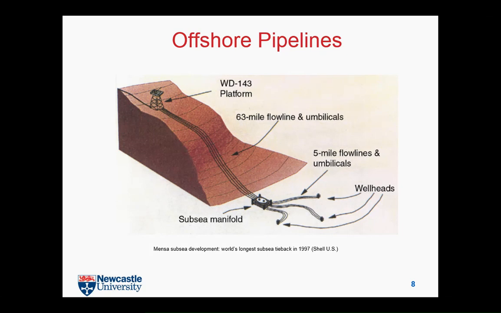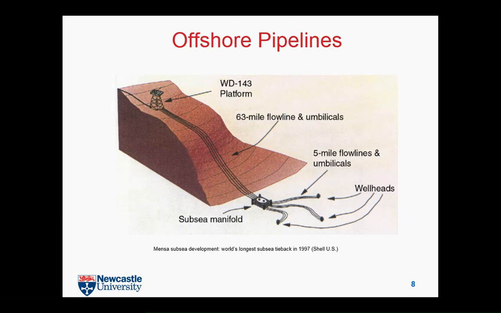In some old projects, they use a very big separator on the structure platform. After they have the 3-phase flow of water, oil, and gas, they separate the products and drain the water again to the open sea.